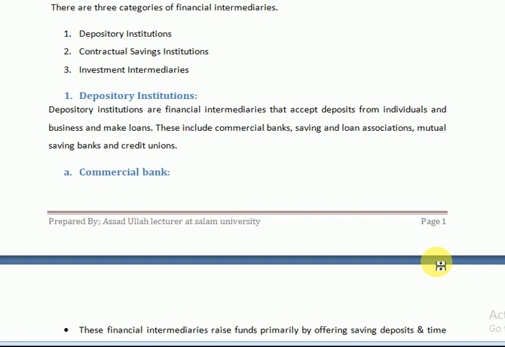Most businesses do not keep money in cash form with themselves. The businesses deposit that money in the banks. So that's why depository institutions are those institutions whose main source of generating funds is accepting deposits.